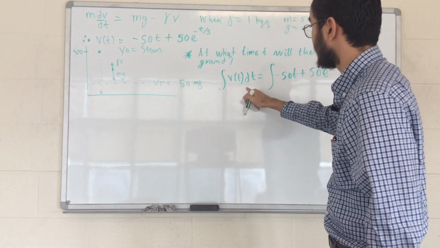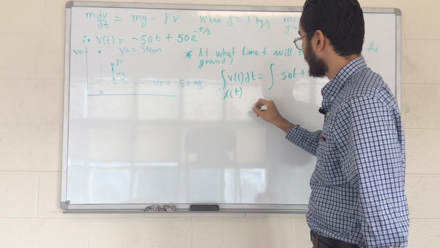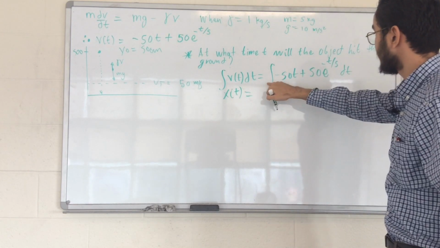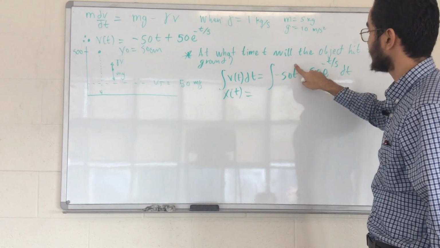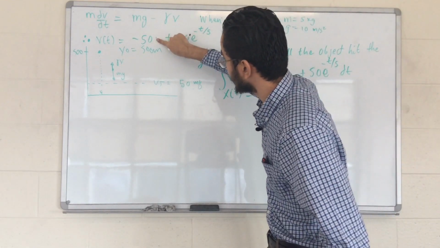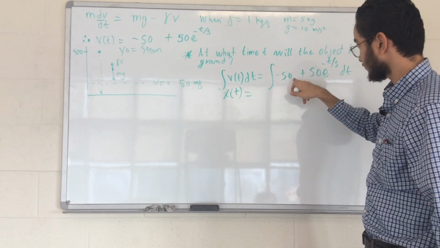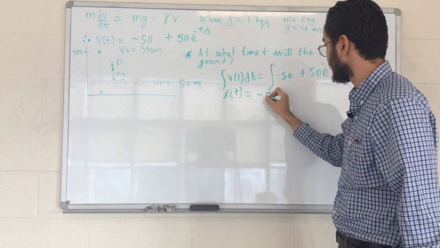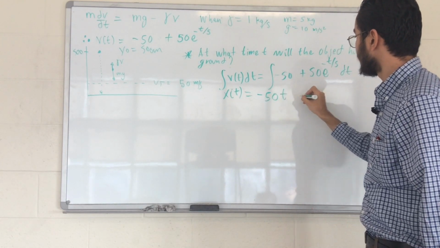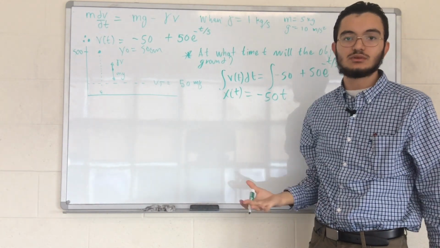So over here we have the definition of the position function, x of t, is equal to, in this case, we're going to have minus, I believe this t over here is not supposed to be there, I remember from the problem. So over here we're going to get minus 50t. And over here, when we integrate 50e to the negative t over 5, we use the chain rule, right?